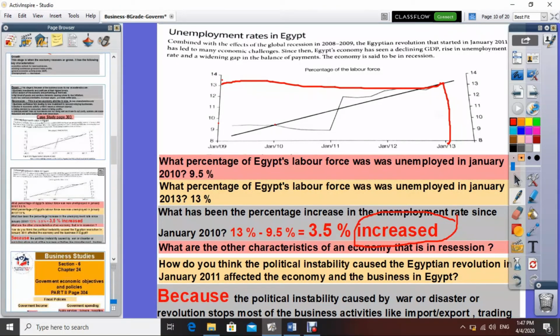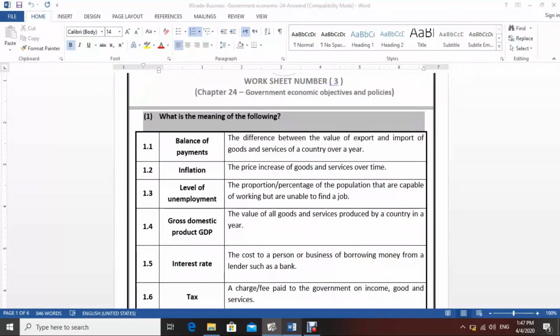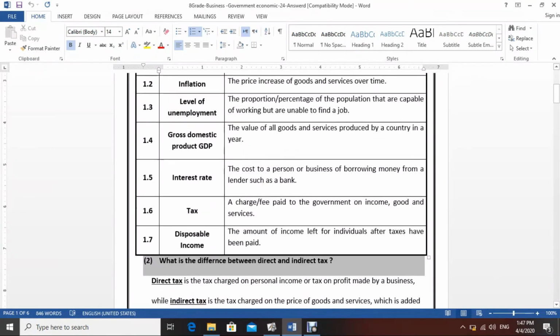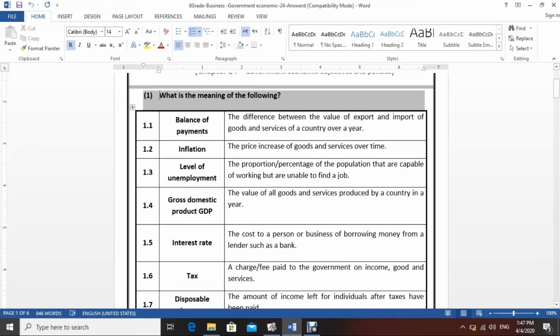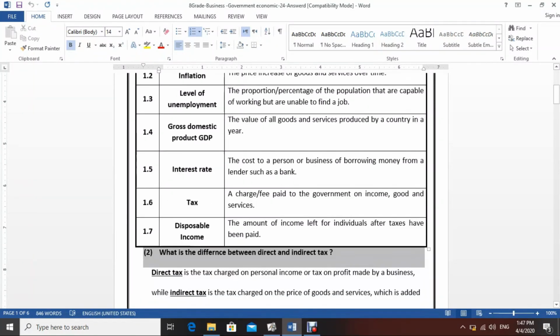Okay. Let's go directly, guys, to the worksheet, and I think it is the most important for you before the assessment. As I said, concentrate on the definitions, the first 7 definitions here.